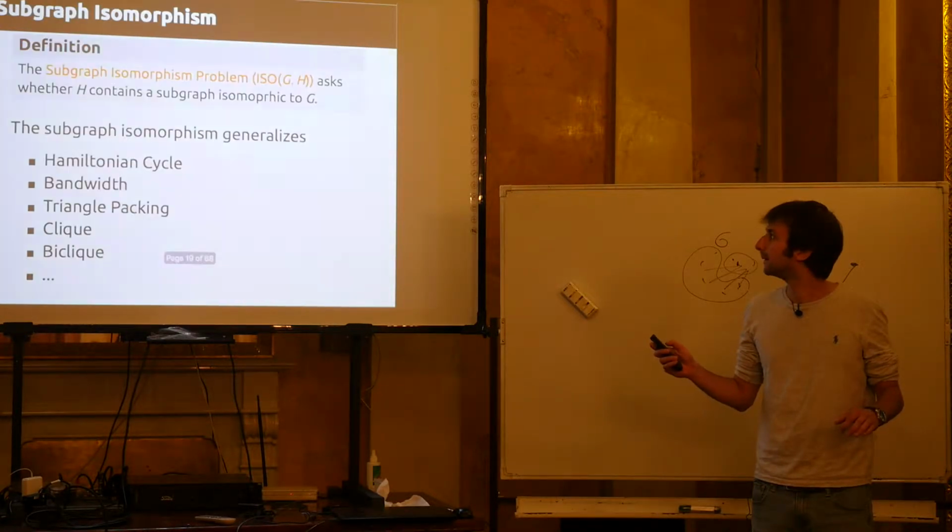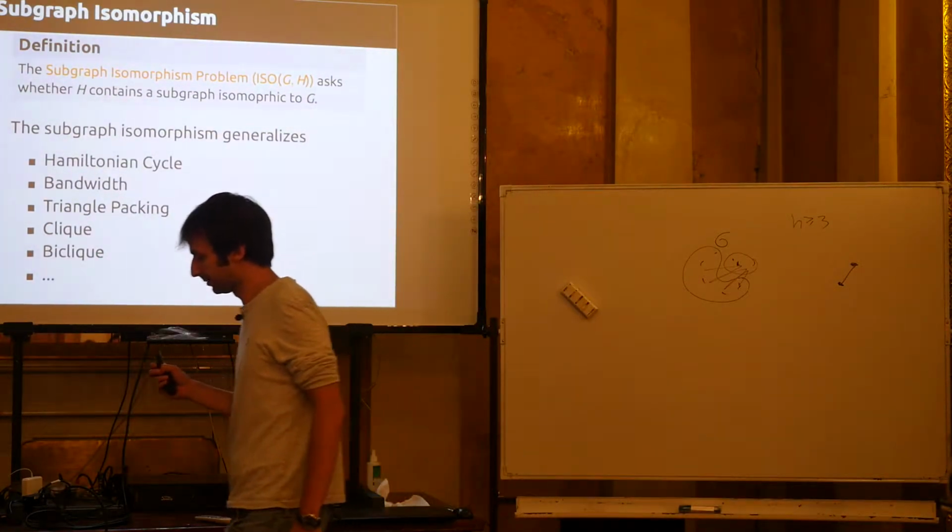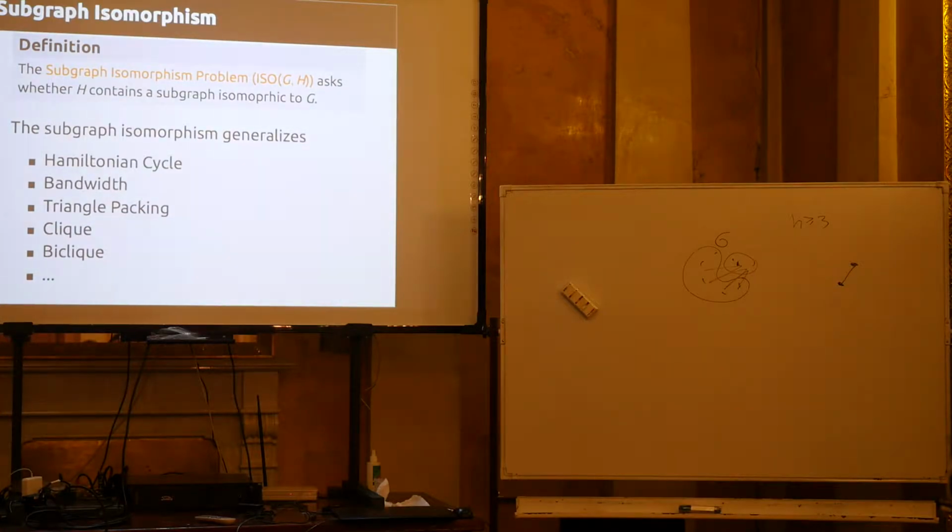Good. Let me show you a similar problem. I guess I already got a question about it. Subgraph isomorphism problem. Which is isomorphic to G. This just means that you can delete vertices and edges from H, and you want to see the graph G after this.